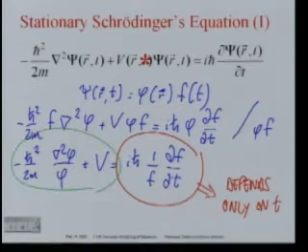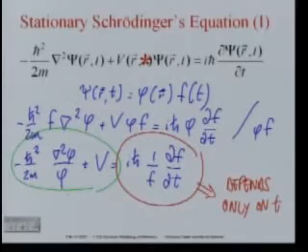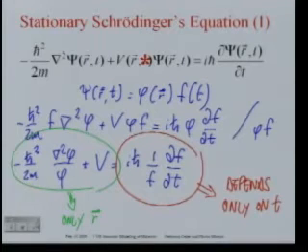The left-hand side, on the other hand, has a term that depends only on position. Phi is a function of position, and V, remember our initial hypothesis, does not depend on time. The potential does not depend on time. So the left-hand side depends only on position.